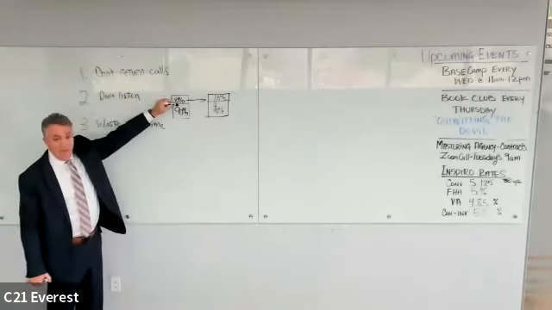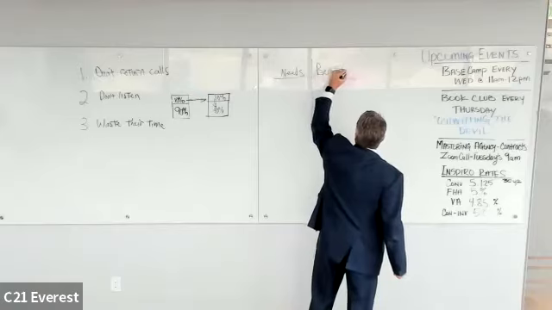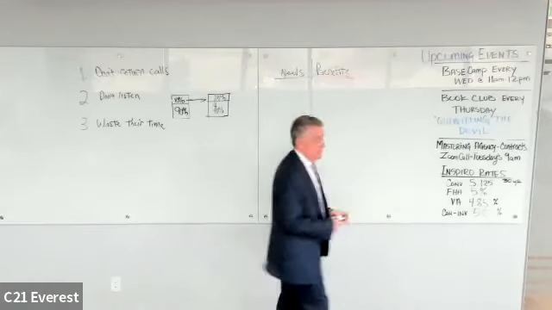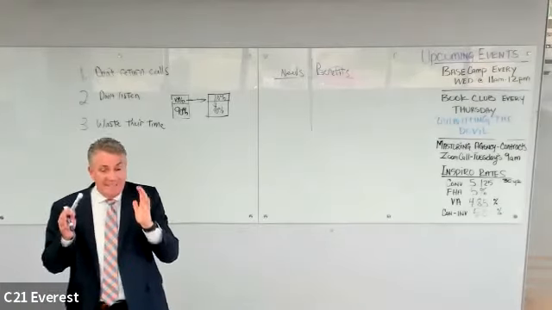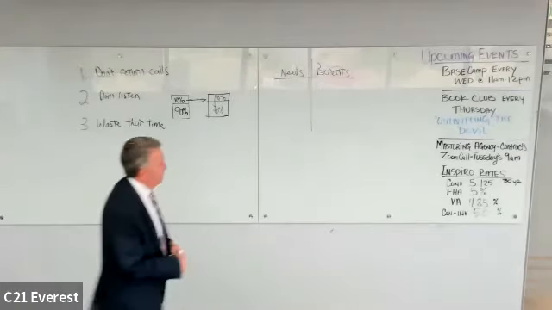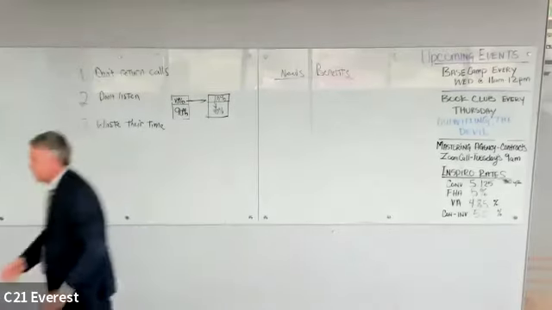Think of it this way: the reason we call this needs analysis class is because we're going to talk about their needs, but really what they want is the benefit or the benefits. They start by telling you a need, or actually, I'm going to write it this way instead.